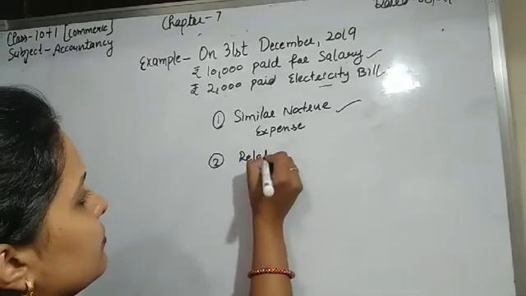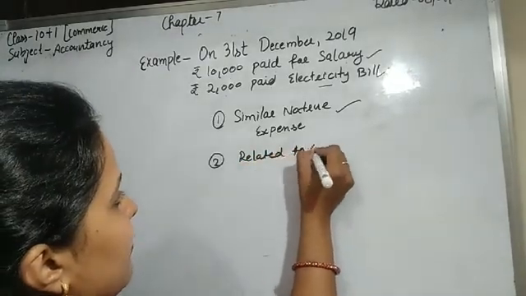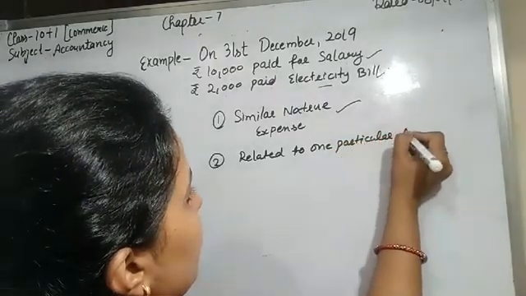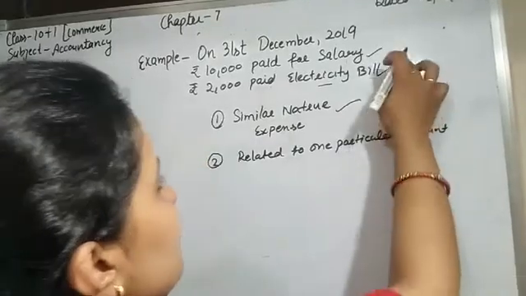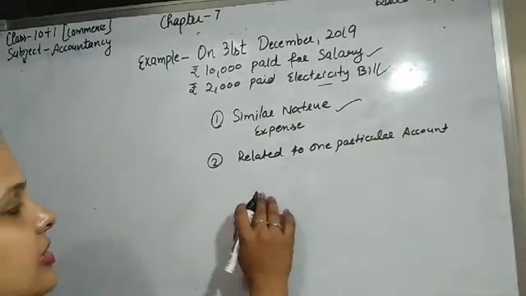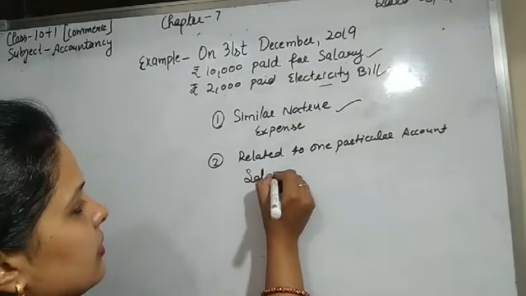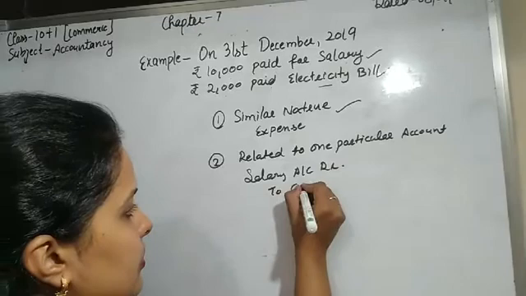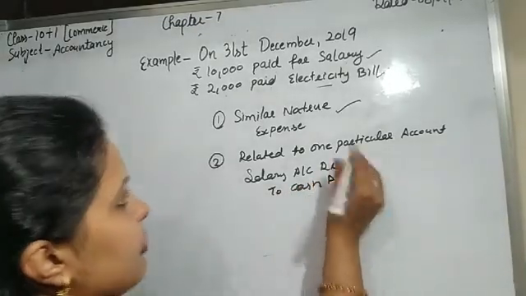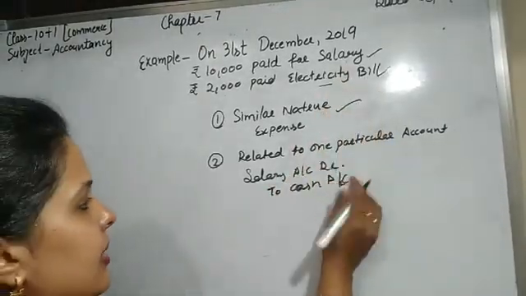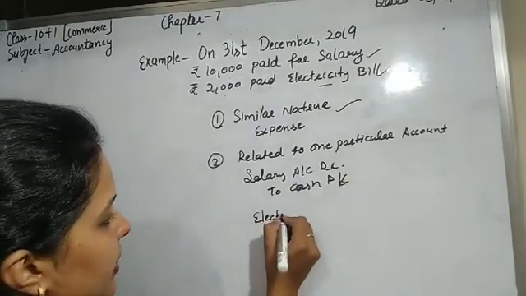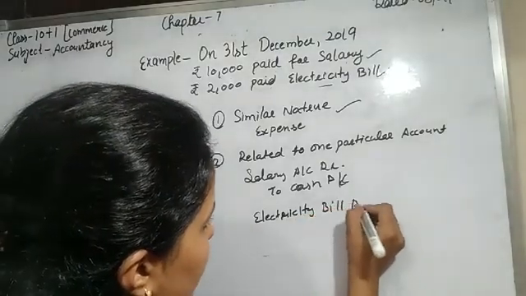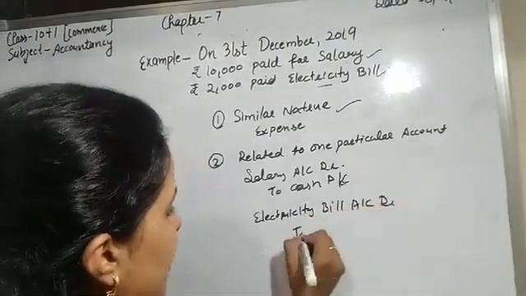So students, in these two transactions, when the entry is passed, we write salary account debit to cash account. And when we pass the second journal entry, we also write electricity bill account debit to cash account.